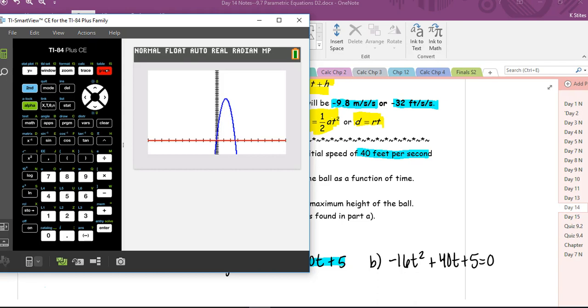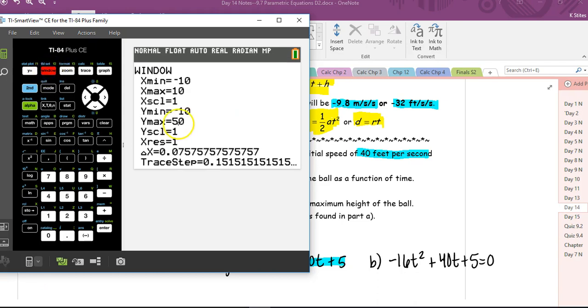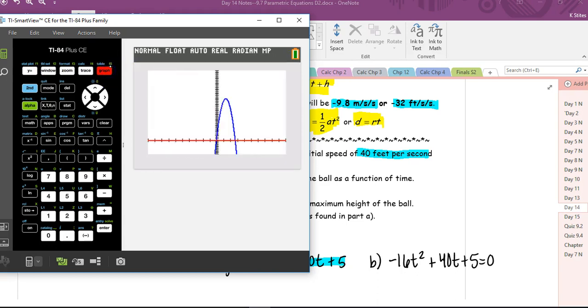You might have to change your window a little bit here. I think I'm at a 50 for my y max. So we're looking for this location right here. That's where it's going to hit the ground, and so we'll know how long it was in the air.